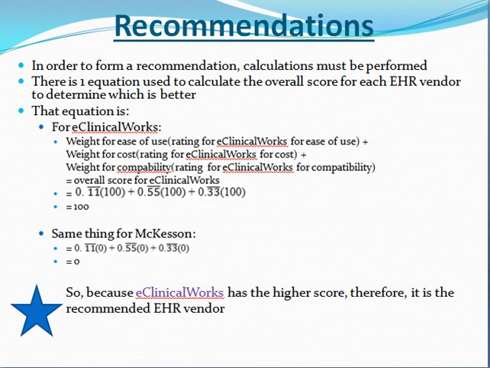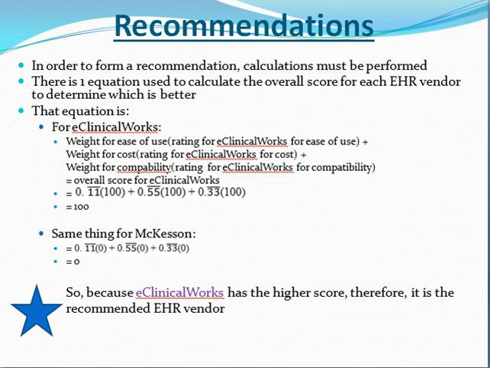So it would be the weight for ease of use times the rating for McKesson for ease of use, plus the weight for cost times the rating for McKesson for cost, plus the weight for compatibility times the rating for McKesson for compatibility, which equals the overall score for McKesson.